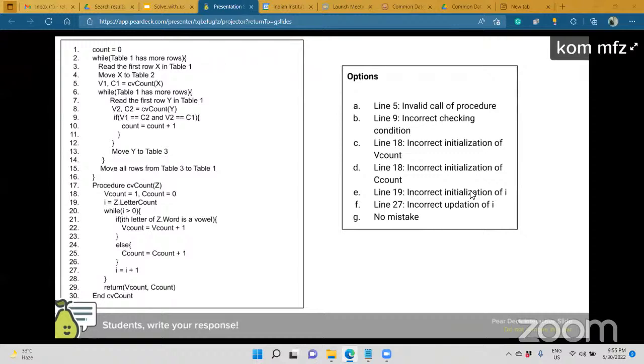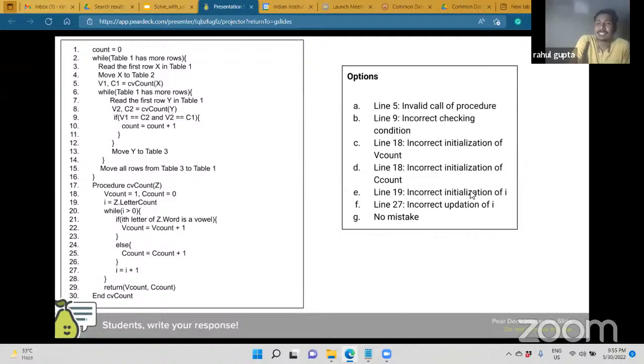Okay. Sir, I have doubt about option A. Option A says the variables V1, C1 have not been initialized before they are used in the code. So option A is correct, na sir? It is important that we initialize them and then only we use them, because otherwise the system won't know what type of value has to be stored in these variables. This is a debating part, but what do you do in initialization?